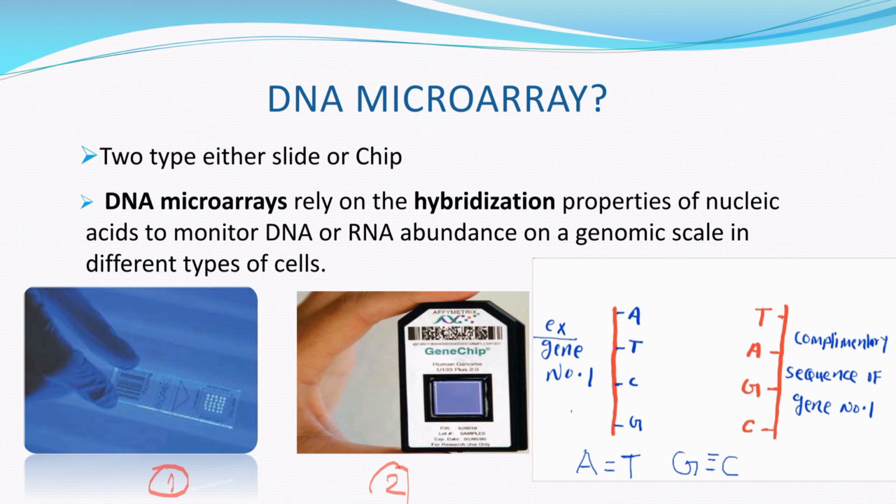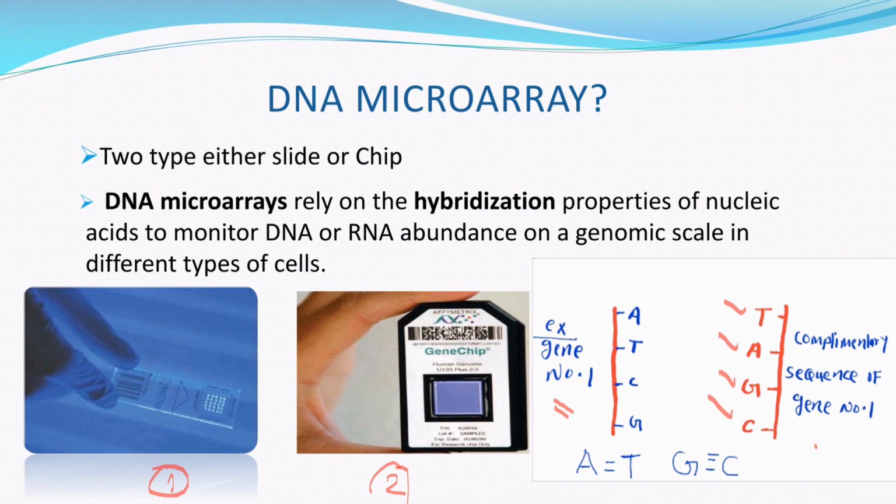For example, we know every sequence of the 20,500 genes, so it's very easy to make the complementary copy of a particular gene of interest. Suppose gene number 1 has the sequence A, T, C, G. We know the rule: A always binds with T and C always binds with G. So we make a complementary copy with the sequence T, A, G, C. In this way we can put this complementary copy on hole number 1 on the DNA chip.